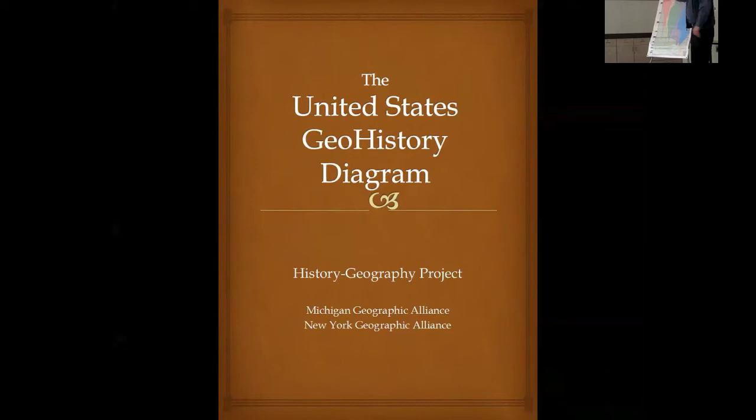What we tried to do was come up with a US GeoHistogram. The problem is we don't have empires like the Roman Empire that occupied a particular part of the United States and then disappeared. We don't have, you know, the Mongols. We didn't have that. So we need a different metaphor. And the one we came up with is explained in the PowerPoint.